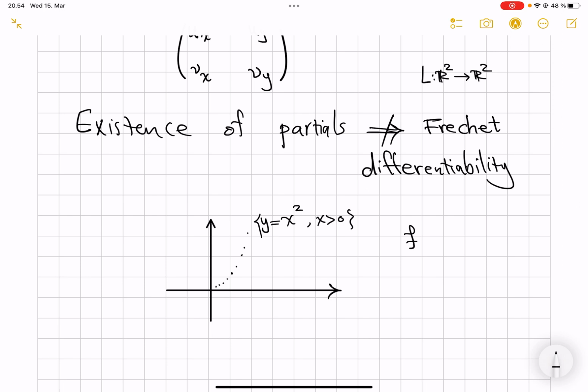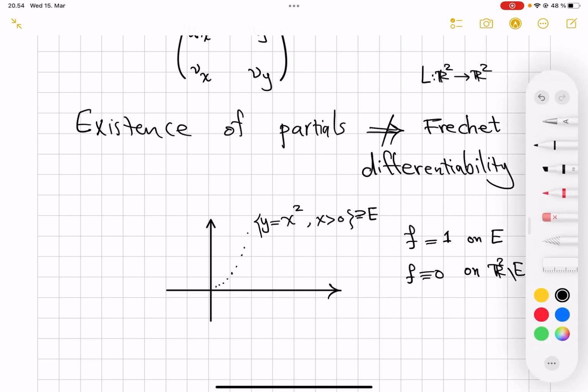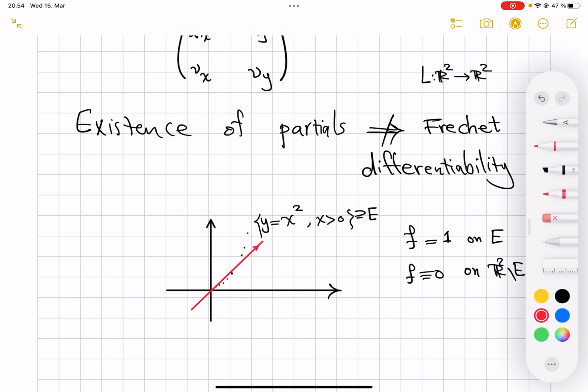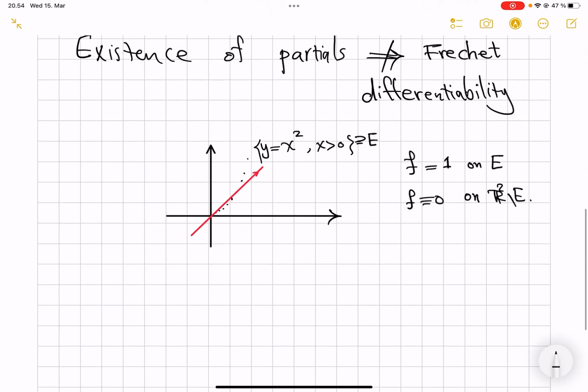Now let f be 0 on this subset E, be 1 on this E, and f is 0 on the plane minus E. What happens is that in every direction that you look, you will see only finitely many of these points. In fact, just one of them at most, or none at all.